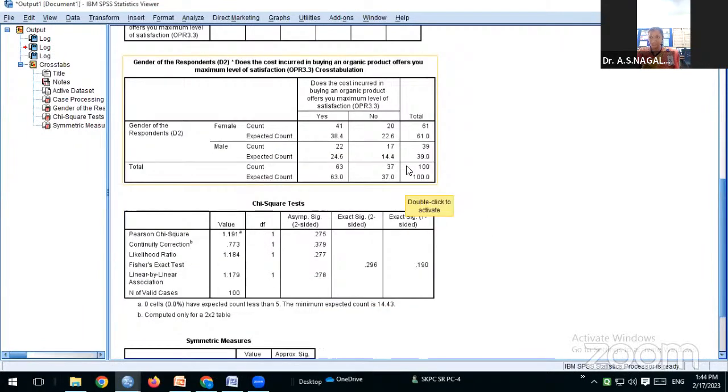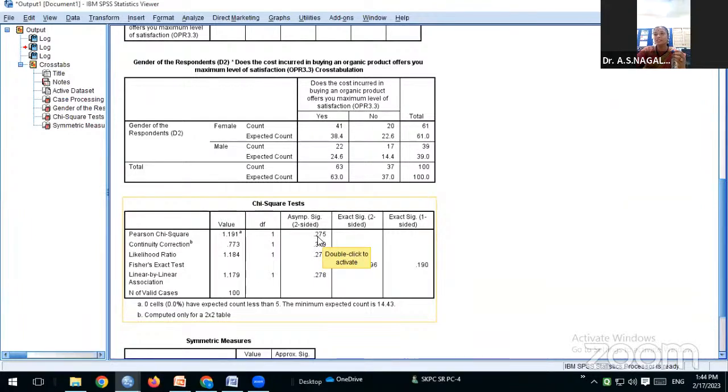And here we go to the result. The result is about the Pearson chi-square. For the Pearson chi-square, you will see the significance, two-sided, here and the calculated value here. Here is the table value, here is the calculated value. Normally the significance value shows whether it is significant or not.